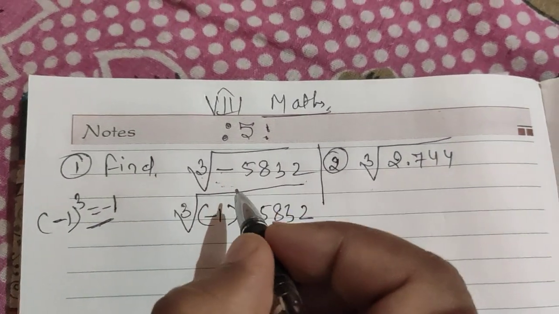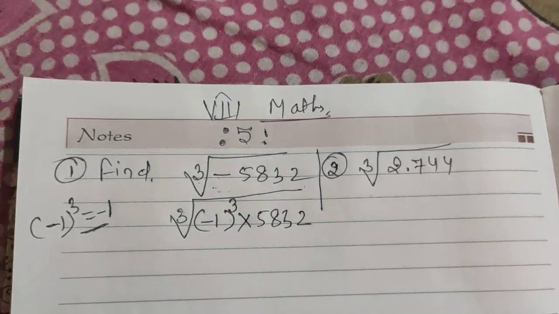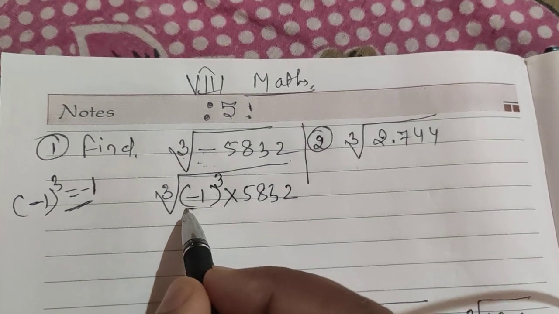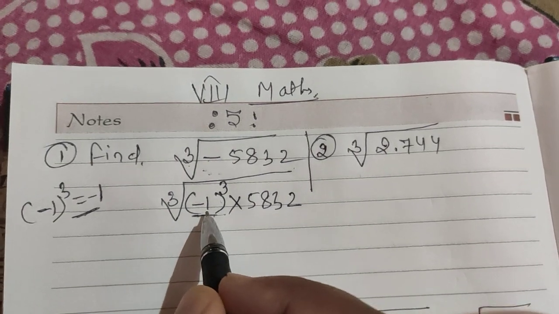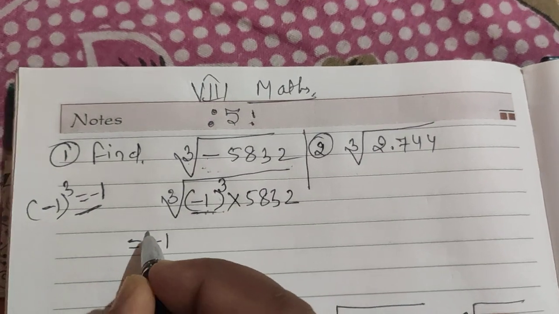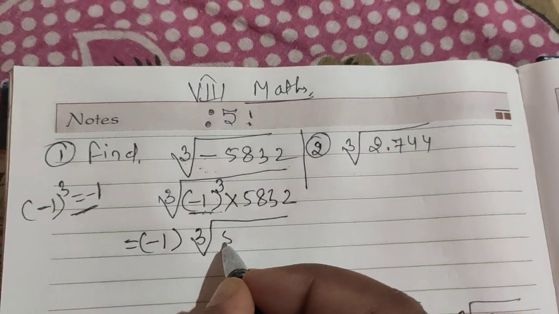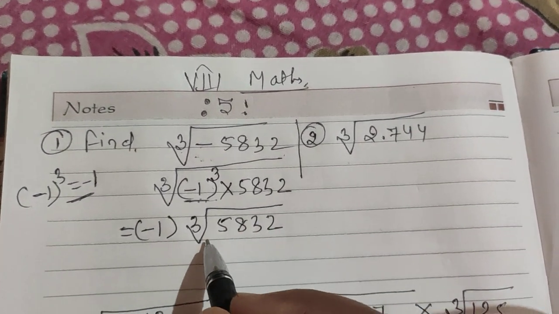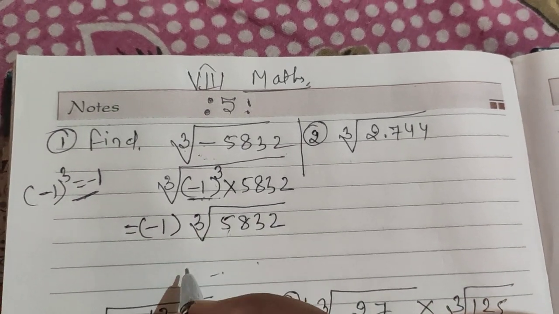That means we get a triplet of -1, therefore it will come out of the cube root. Therefore you can write -1 into the cube root of 5832. Now you can find the cube root of this by prime factorization, and your answer will be a negative number.